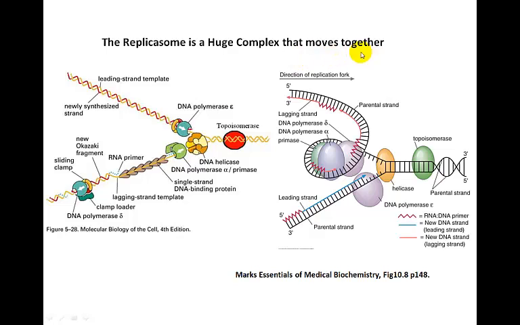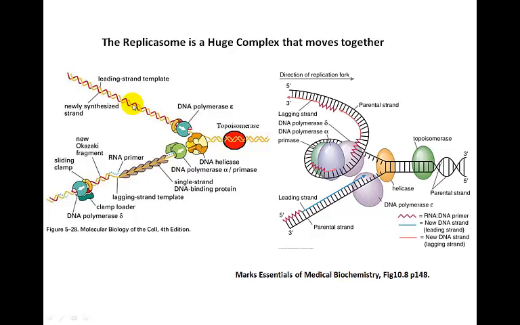So the replisome is a huge complex that moves together. We saw that in our other figure, except that replisome was in prokaryotes, and these are going to be the replisomes in eukaryotes. So here's our leading strand template. Here's our newly synthesized strand. Remember, we put one primer out here, and then we've extended everything from there.